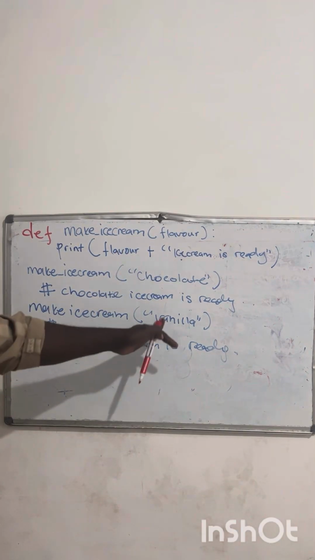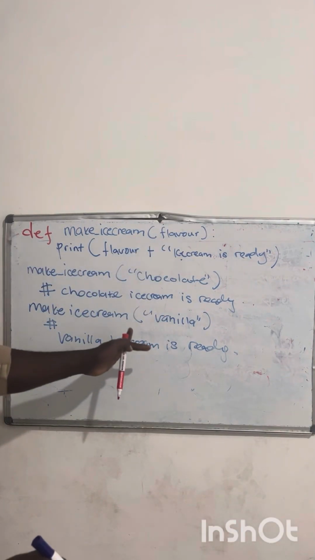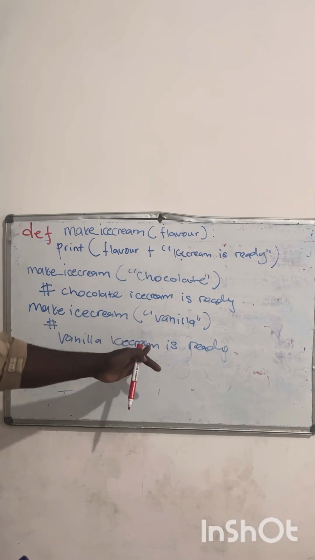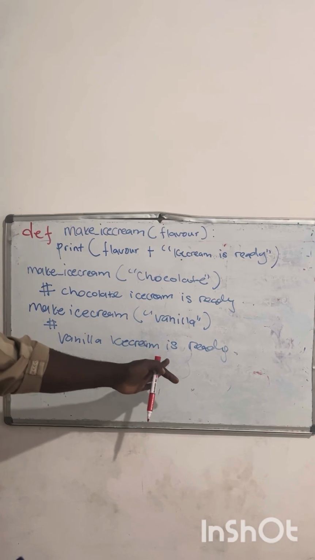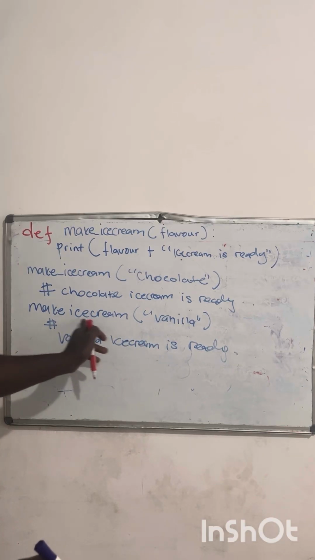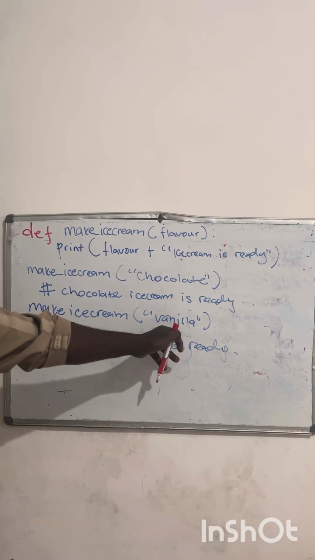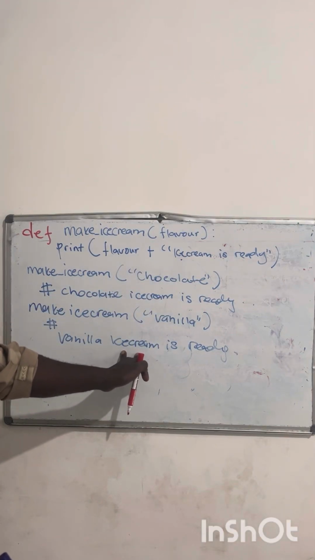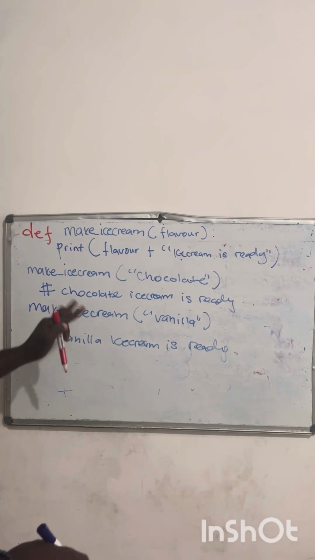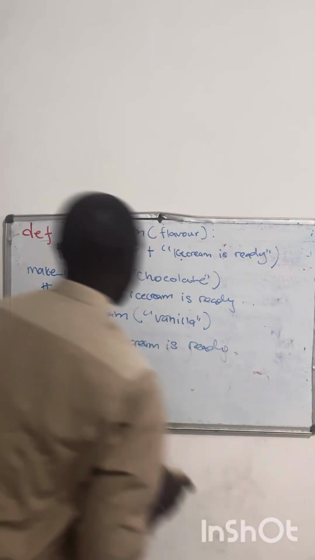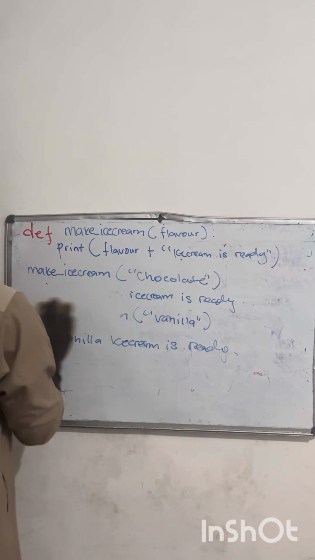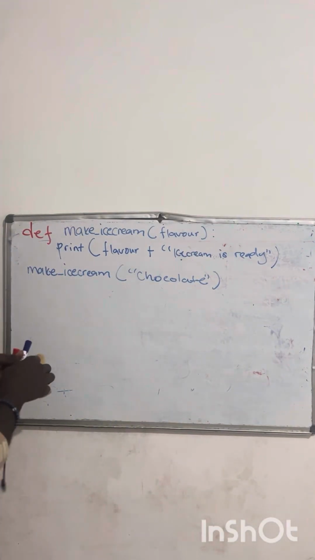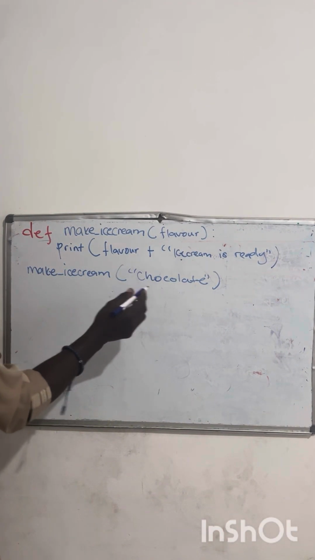So you can go on and pass different flavors. For example, if you want a particular flavor of ice cream, you just come here at function calling and you put the flavor, and the function will print that flavor of ice cream. Okay, so that is it there. Remember, you can call the function as many times as you want.